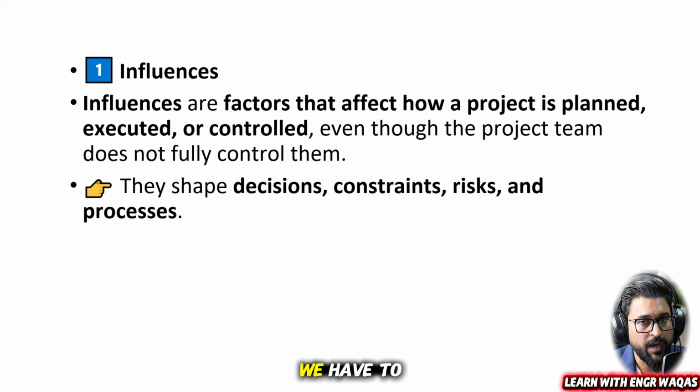So of course we have to take some decision to tackle or handle or face that uncertain situation, right? So they are going to drive our decisions, they are going to create constraints, and they are actually like risk, and we have to amend our processes as per these influences.